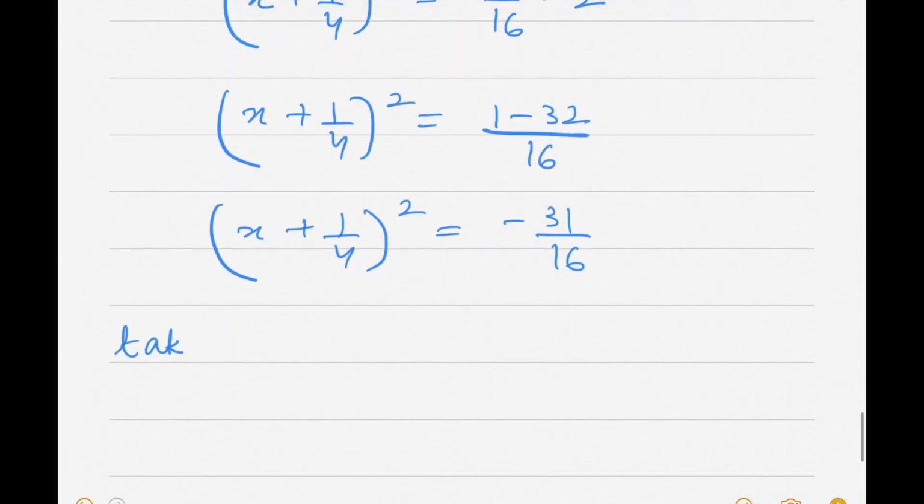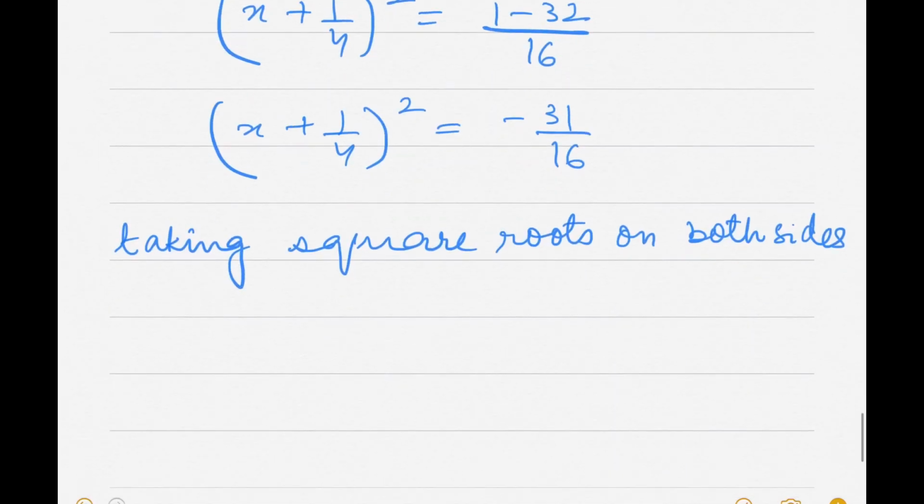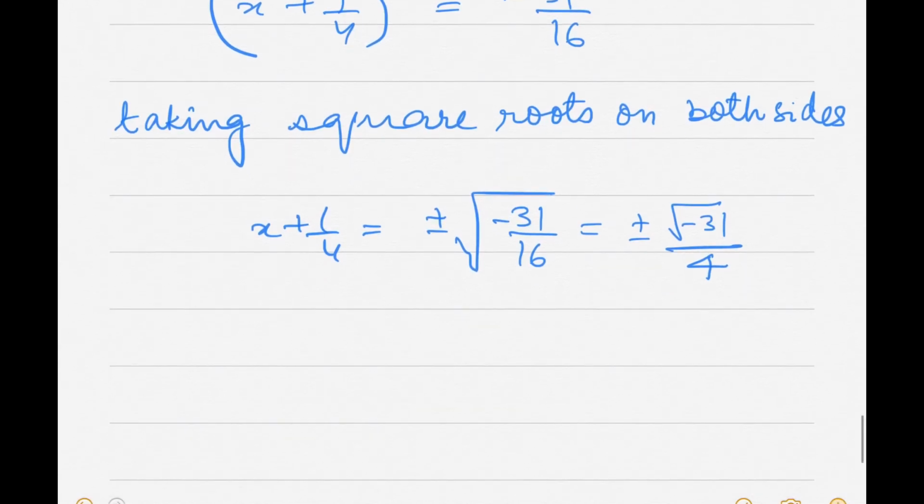Now taking square roots on both sides. What do we get, guys? We get x plus 1 by 4 is equal to plus minus root of minus 31 by 16, or I can write this as plus minus root of minus 31 by 4, correct?